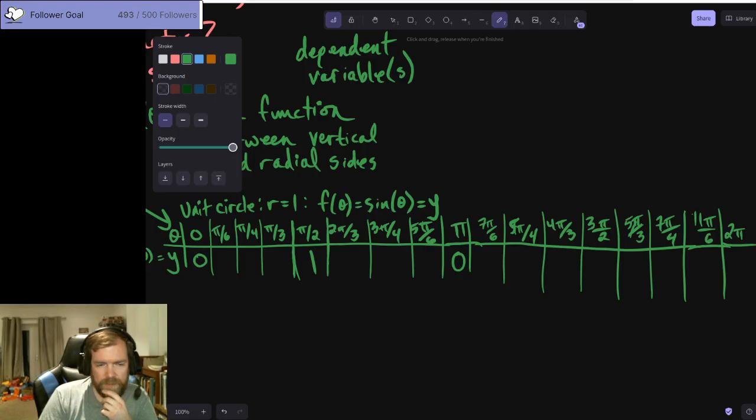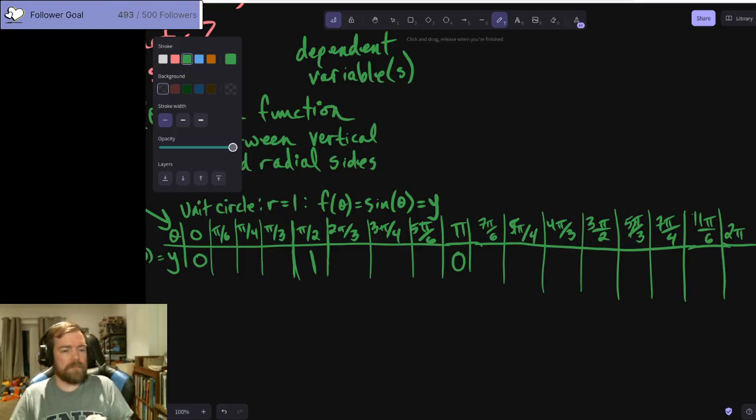Yeah, 3 pi over 2 is also radius this time. So the y value and the radius value are going to divide out and make 1 because they're the same number.